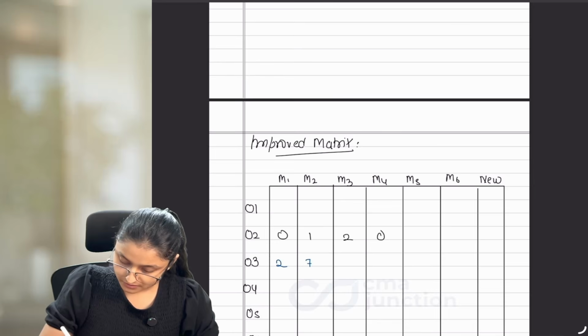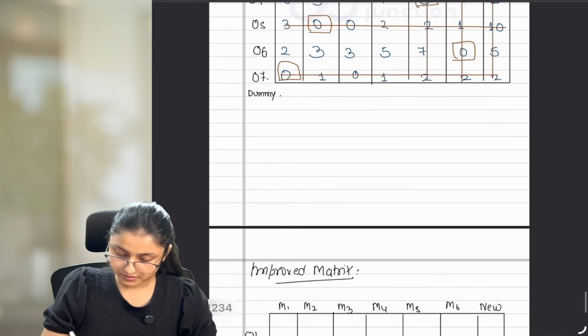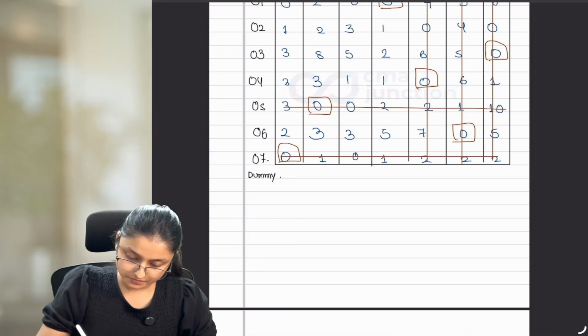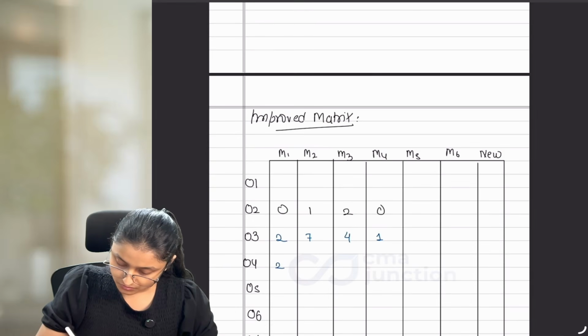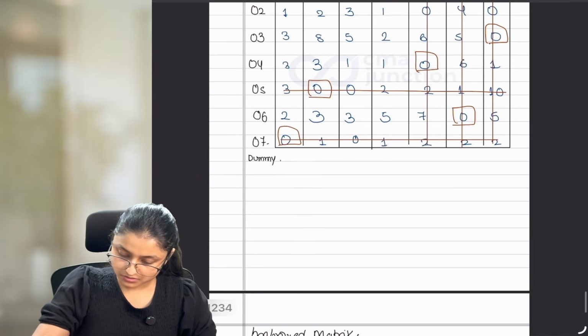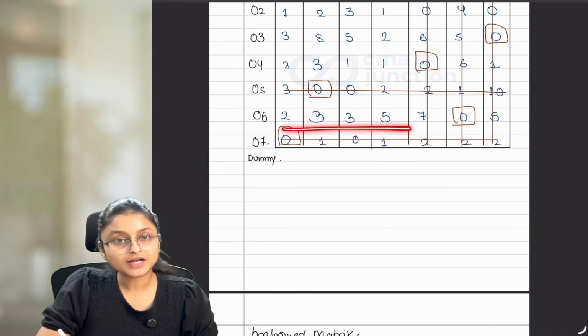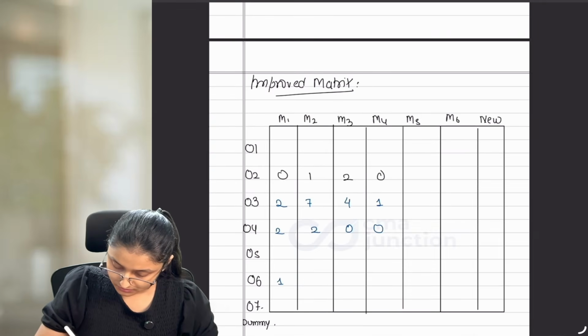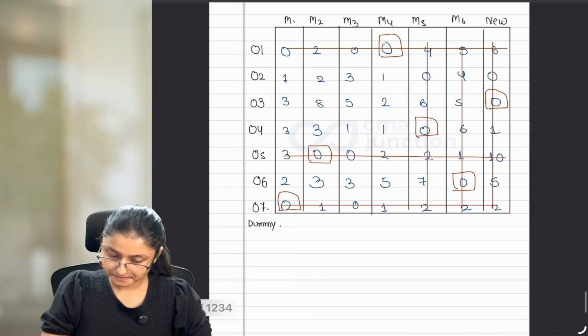Next, 3, 3, 1, 1 will become 2, 2, 0, 0. Next, 2, 3, 3, 5 will become 1, 2, 2, 4. Okay?